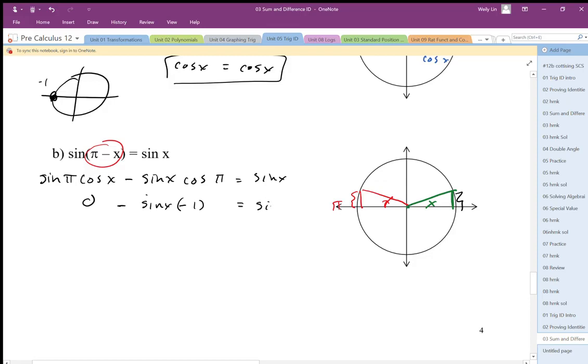Sine x equals sine x. So using this identity from my formula sheet, anytime you see a plus or minus with angles, we always go to our identity sheet. We can show that this is always true. We saw this before with the symmetry of x compared to pi minus x. The sine values are exactly the same.